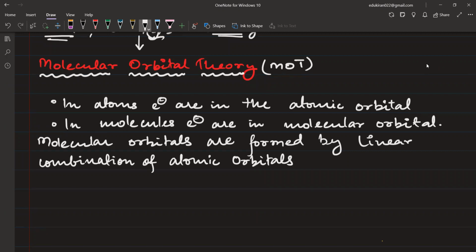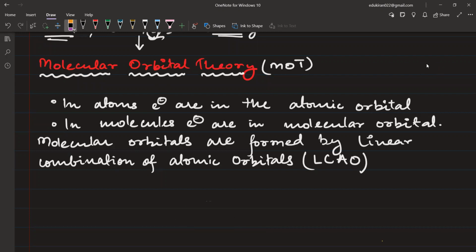Linear combination of atomic orbitals. इसको बोलते हैं LCAO. ओके, लीनियर कॉम्बिनेशन ऑफ एटॉमिक ऑर्बिटल्स. जैसे 1 + 1 = 2 होता है ना, इस तरह का कॉम्बिनेशन है. ठीक है, इट इज एज सिंपल एज दैट. इट इज 1 + 1. अगर 2 + 2 है तो क्या मिलेगा आपको? यू विल गेट 4. ओके, इट इज दैट टाइप ऑफ combination, linear combination of atomic orbitals.